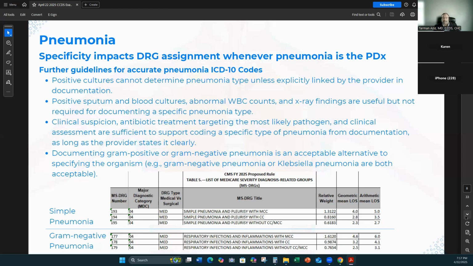You have a higher rate of payments. You have a little bit longer length of stay as well allowed for with gram-negative pneumonia. Of course, that's not the only complex pneumonia, but it's a very commonly invoked query. Are you treating gram-negative pneumonia based on the antibiotic that you've selected? So that's a source of many questions.